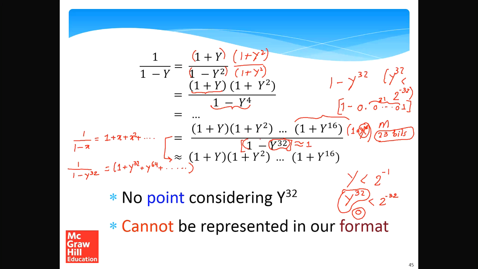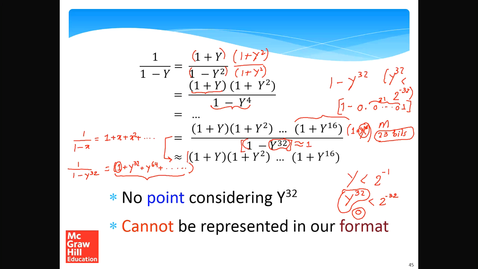See, if I expand the denominator using this particular series expansion, the 1 will get multiplied with the numerator, but if any of the other terms get multiplied with the numerator, there will be no way of representing the product, because all of those numbers will be less than 2 to the power minus 32, given the fact that y is less than half, and they cannot be represented. Since they cannot be represented, they'll have to be ignored, and that is why we ignore the denominator.